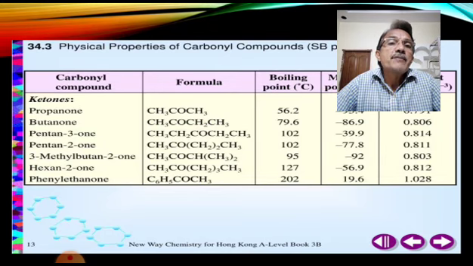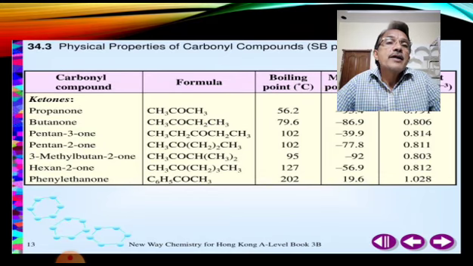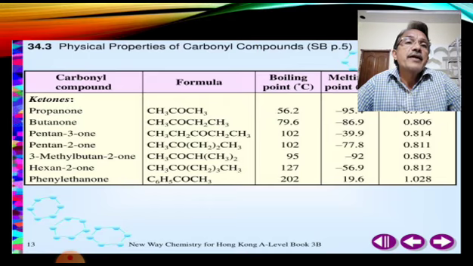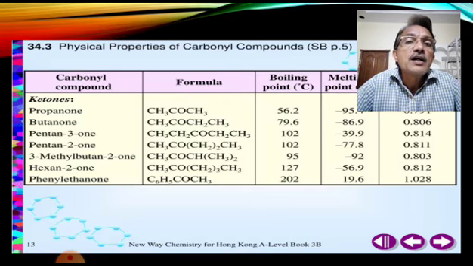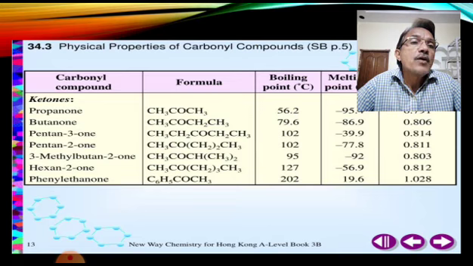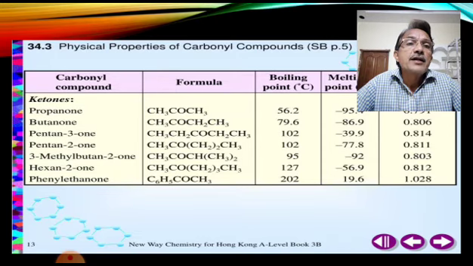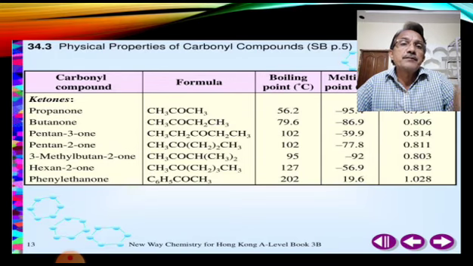If you look at the boiling points, melting points and densities of ketones, as the molecular weight of a ketone increases, boiling points are also increasing continuously. When we compare aldehydes and ketones, ketones have higher boiling points and melting points than corresponding aldehydes.